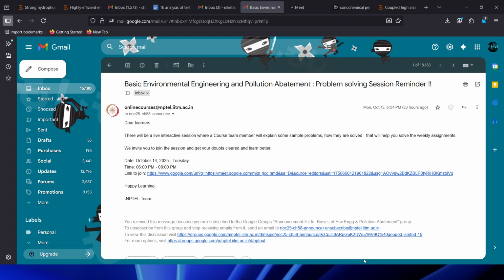So the first step is reduction. And then we also can eliminate the pollutants. So that is the second step, elimination. So why do we do this? To reduce the effect of pollution on humans.